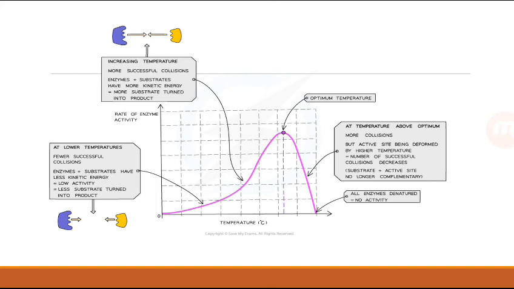That is known as the optimum temperature. But if that temperature is exceeded, what happens? The proteins are denatured, the shape of the protein will be deformed. As a result, the activity will also start decreasing.